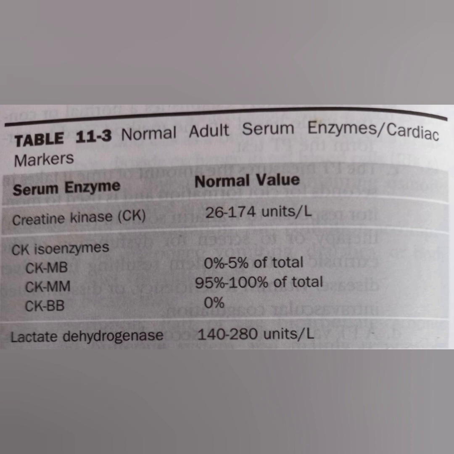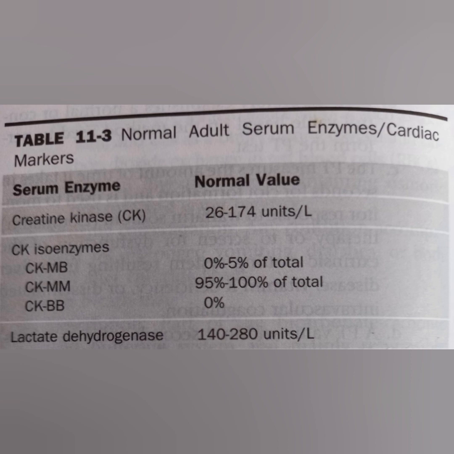This lactate dehydrogenase is an isoenzyme mainly affected in myocardial infarction. The normal value is 140 to 280 units per liter, and the presence of lactate dehydrogenase in the blood sample is mainly helpful for diagnosing myocardial infarction, that is, a value above normal indicates there is a myocardial infarction.